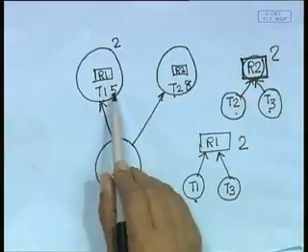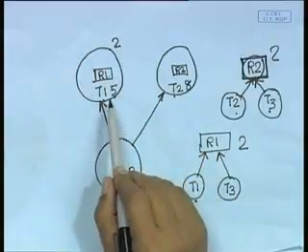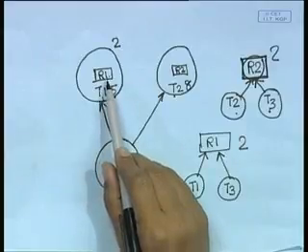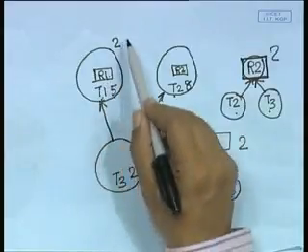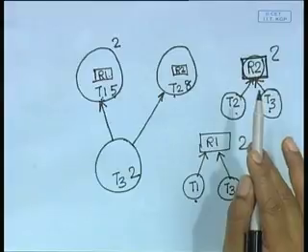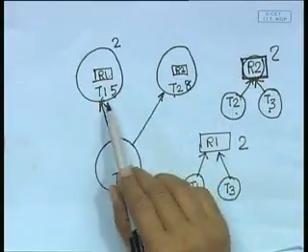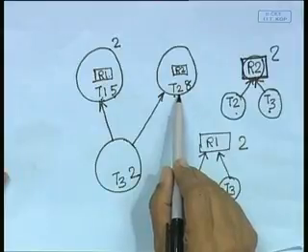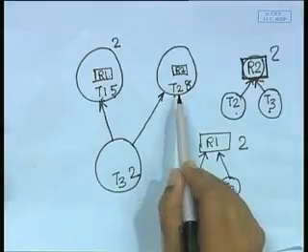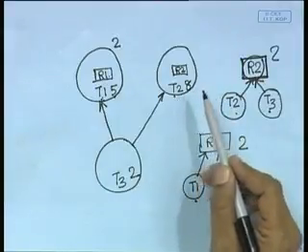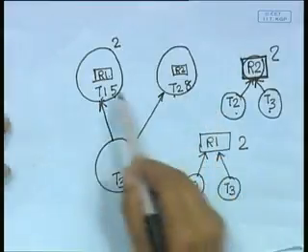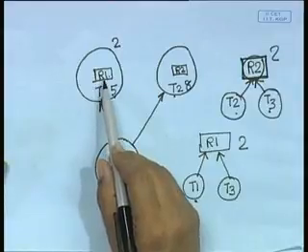But let us assume that first T1 was holding R1, then T1's priority will be raised to 2, a high priority. So, at that time it is not possible that T2 can execute, because T2 is lower priority. Unless a higher priority task completes, how will it get a chance to execute? T1 has got its resource, and it is executing.